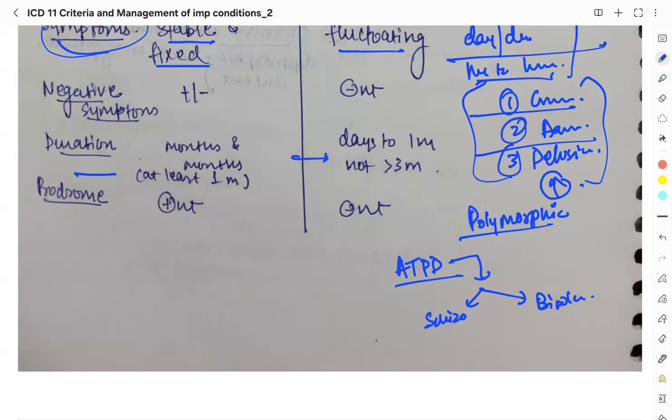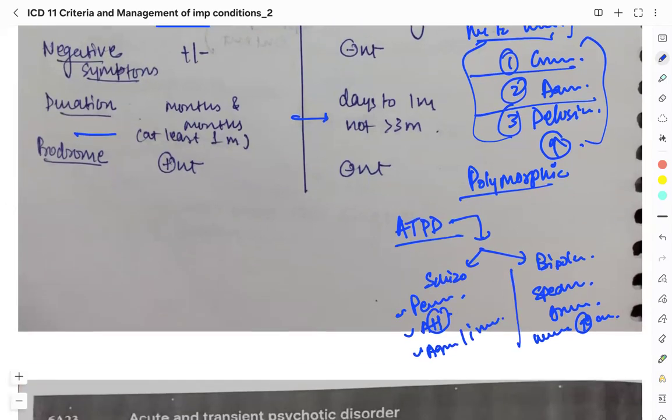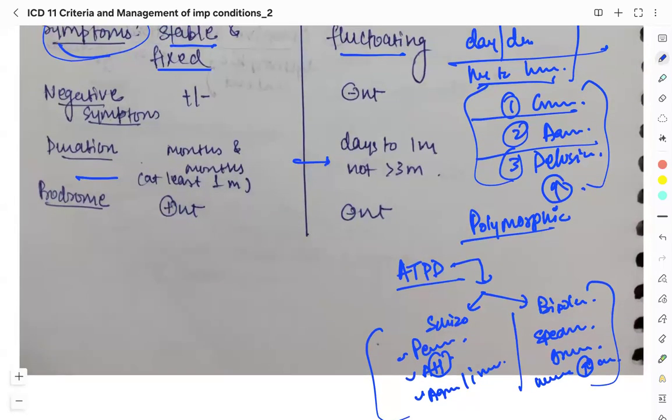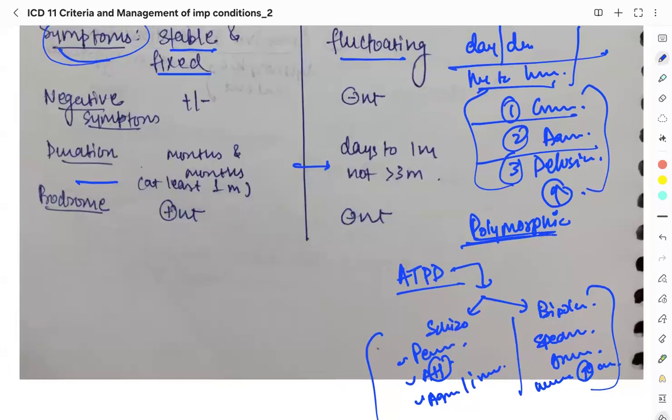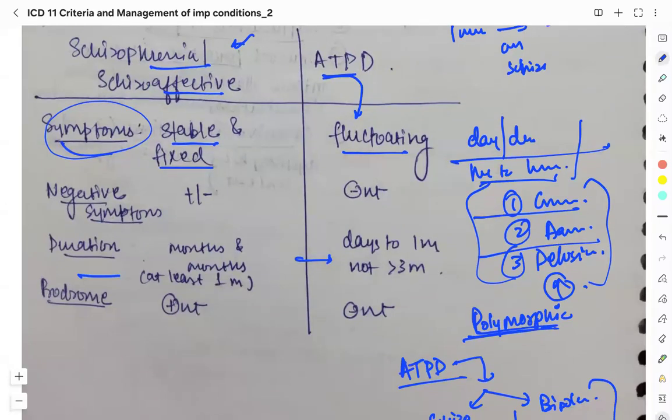For example, they will say that the patient is spending a lot of money or grooming themselves too much, or waking up in the morning with increased activity, along with persecutory delusions, auditory hallucinations, and very aggressive, very irritable behavior. So all of these symptoms can be present in ATPD. That is why the picture is very polymorphic. You can't differentiate it. So we look into the symptoms in a while.